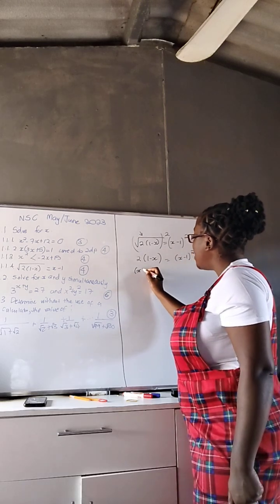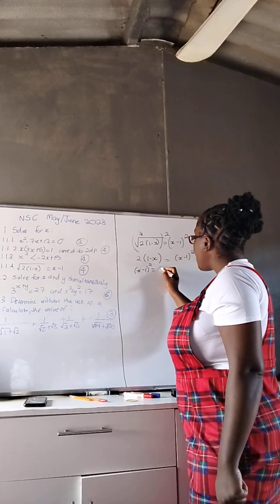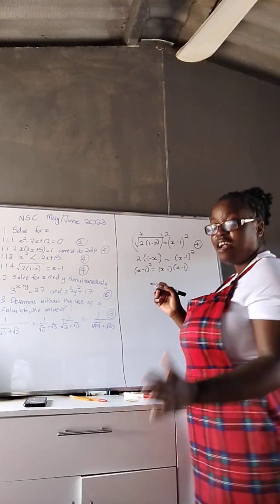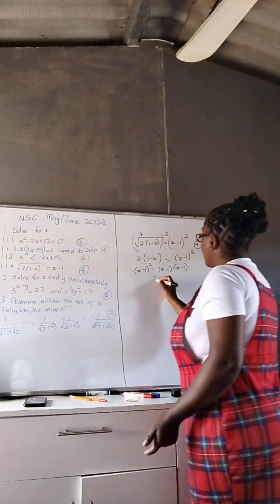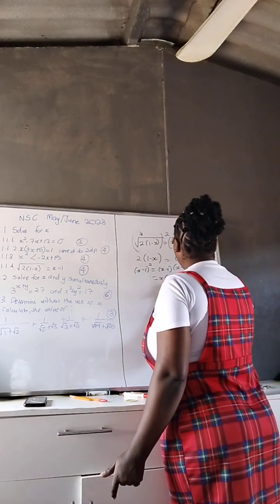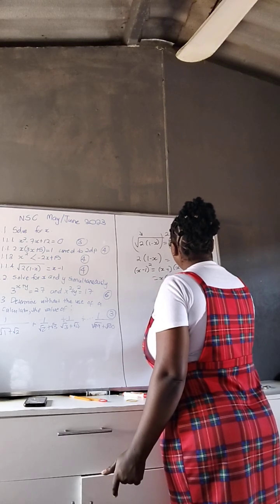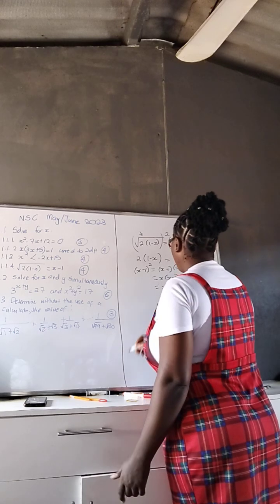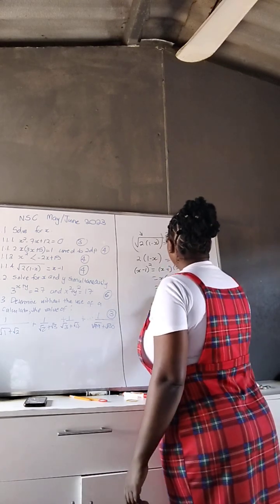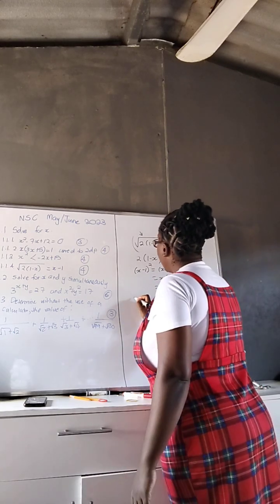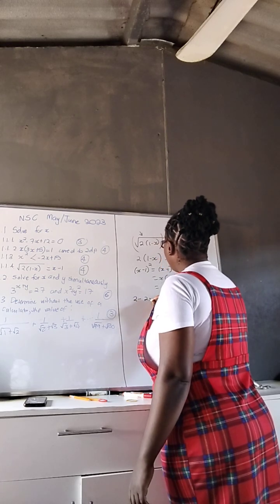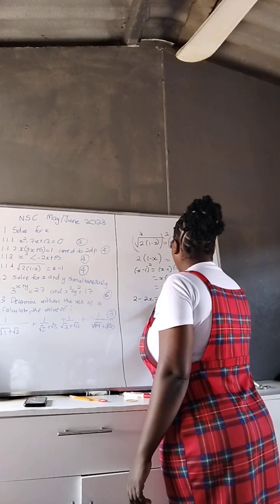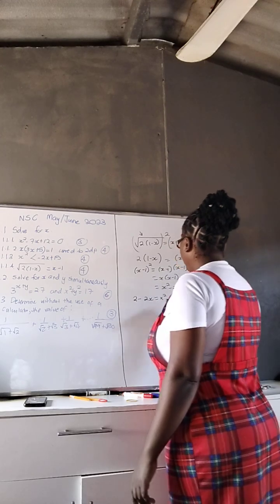So (x minus 1) squared is the same as (x minus 1) times (x minus 1), which gives us x squared minus 2x plus 1. Here we have x squared minus 2x plus 1, and then here we have 2 minus 2x equals x squared minus 2x plus 1.